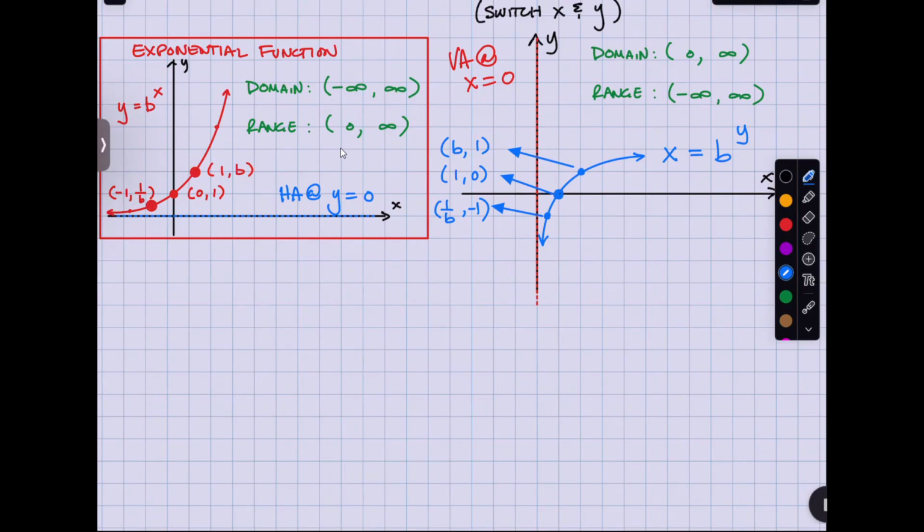If I flip over the y-axis, it still crosses the x-axis. If I flip over the x-axis, it still crosses the x-axis. So that's how I'm going to determine if I have a log function or an exponential function, so I know what to put in, okay? Now, here's the problem, though.